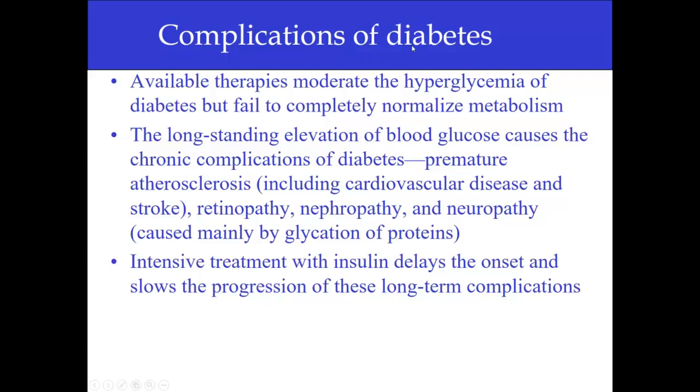What are the complications of diabetes? So even with the therapy, even with treatment, you will not be able to completely normalize the metabolism of a diabetic patient. So what's happening? You're having a constant elevation of blood sugar. So all this sugar sitting in the blood of this patient, what will it do with time? We have a very important biochemical reaction that occurs.